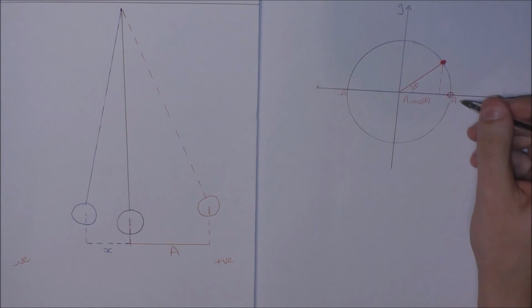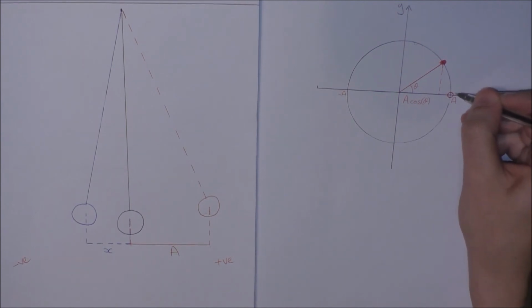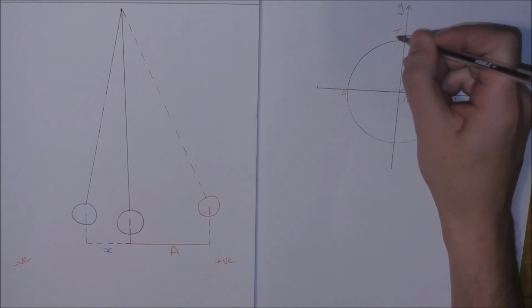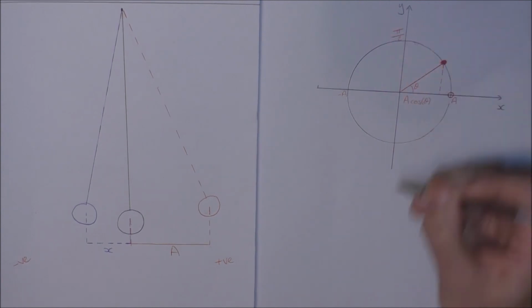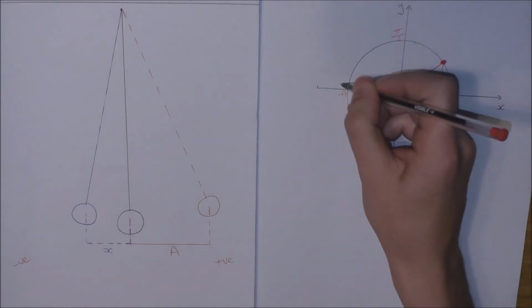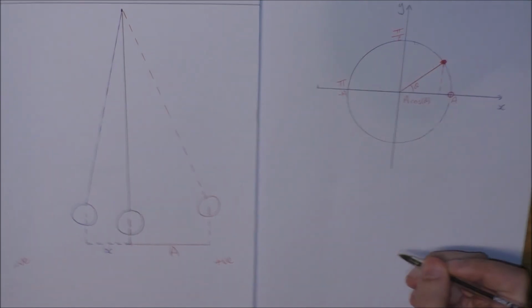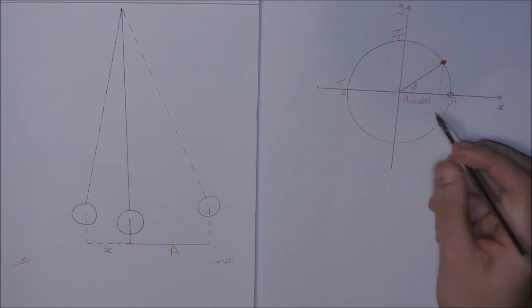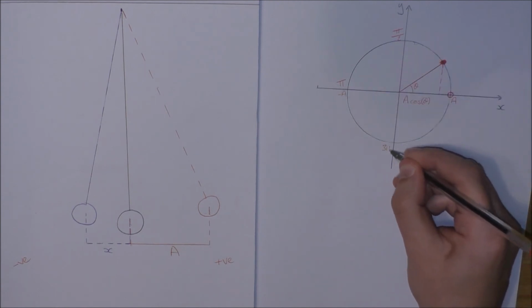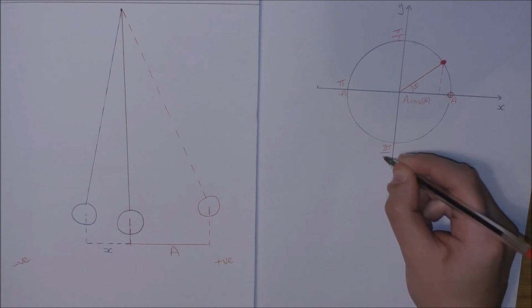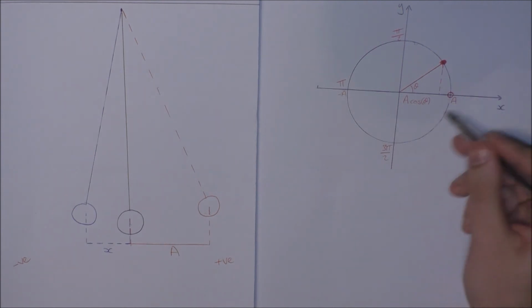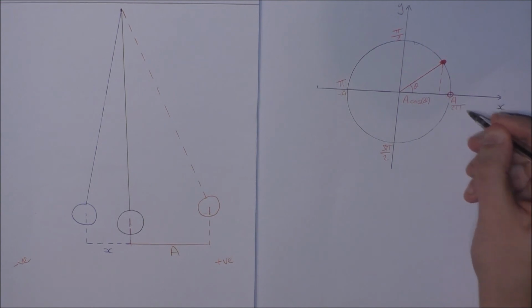Now, we know that that is an angle of 0 degrees here. If we move into radians, 90 degrees when it hits the y-axis will be pi by 2. At 180 degrees, that would be an angle of pi radians. This one would be 3 pi by 2, 270 degrees. And this one would be 2 pi.